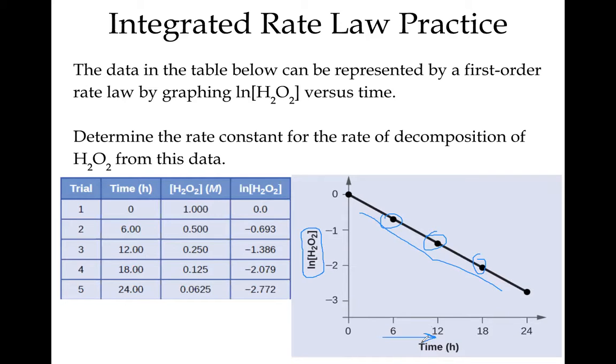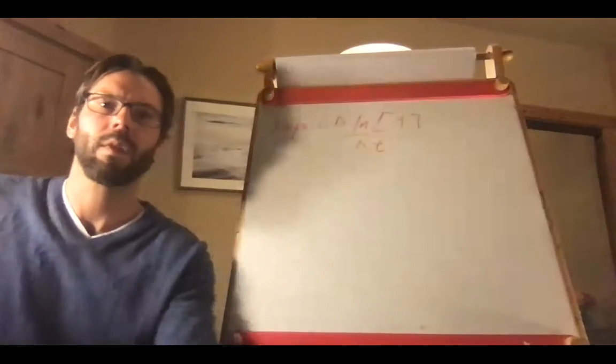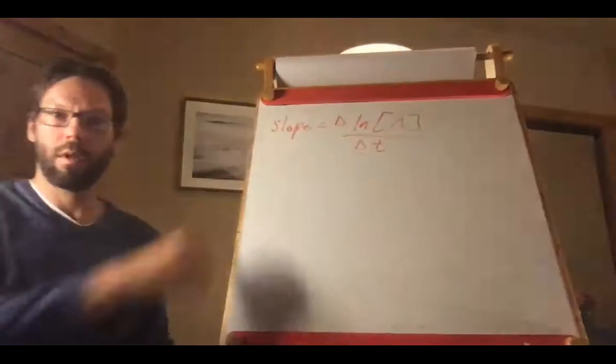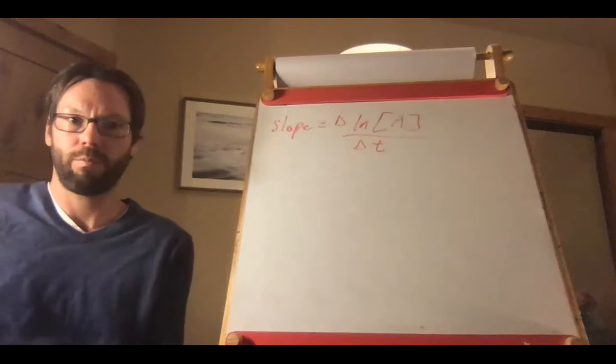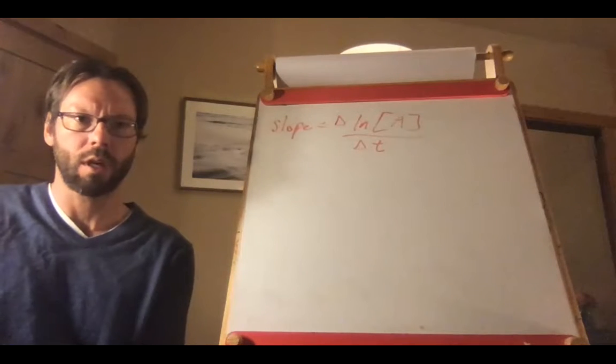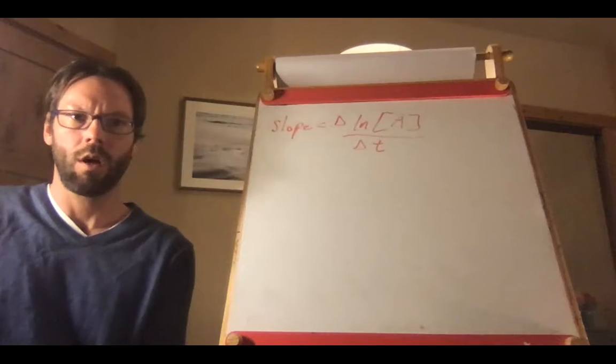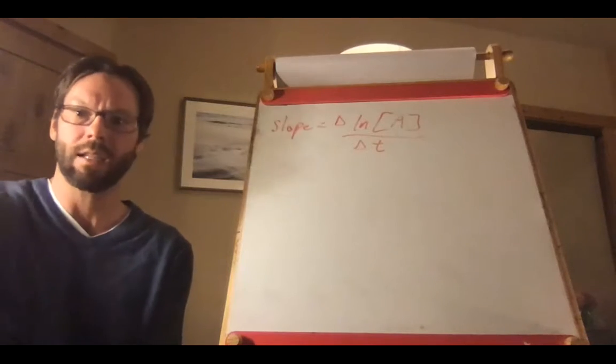So we can set the slope equal to the difference of these changes. So we get this equation here. Now, to do that, we just pick a couple different concentrations on that data table.